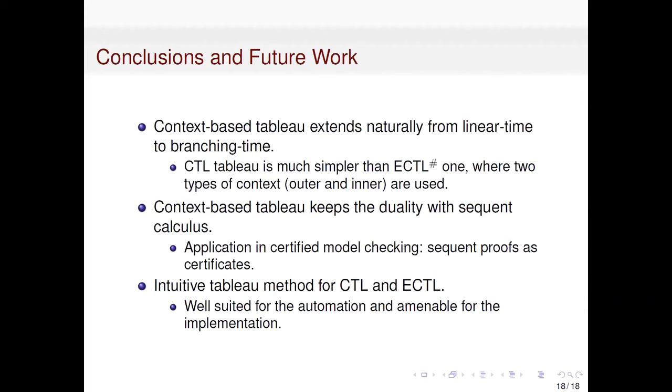So the context is manageable quite nicely in case of CTL and ECTL, but even in case of ECTL plus and ECTL sharp, we need to expand this concept, and we introduce in those developments what we call an inner and outer context. So there are already complications there, because you would have a much more complex concatenation of the operations, and that already is a big complication which makes things less intuitive.